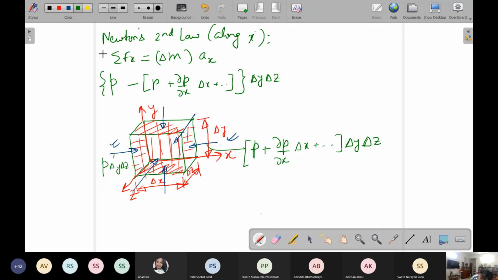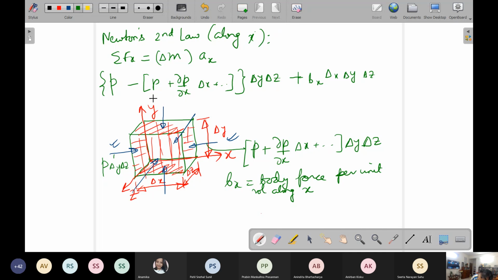So if Bx is the body force per unit volume along x, then what is the total body force along x? So Bx is per unit volume, that times delta x, delta y, delta z is the body force. So surface force plus body force, this is the total force.